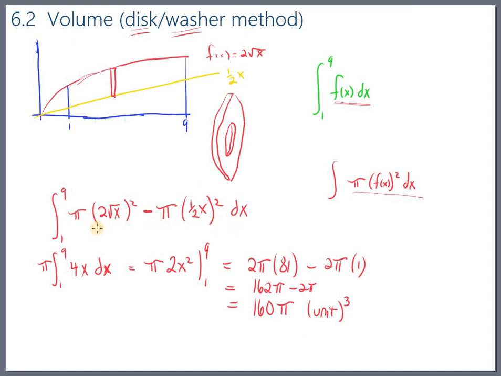So we would do the first part right here, just like we did. We already know that part gives you 160 pi. And then we just do this part, which I'm not going to actually work out, but that's an easy integral to do as well. And when you subtract the two results, this 160 pi minus whatever you get there, that will be the volume of this shape that comes from the red line minus the yellow line rotated around 360 degrees.